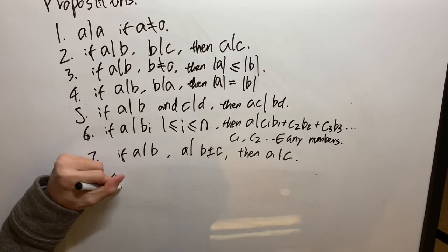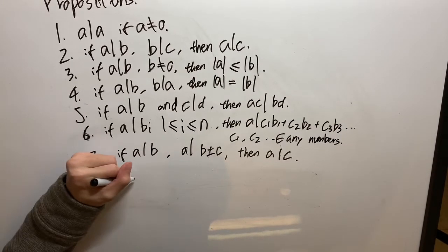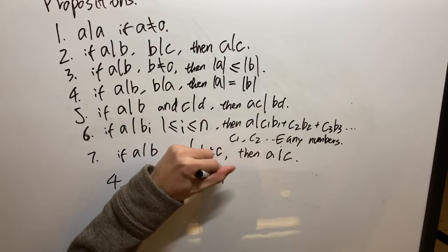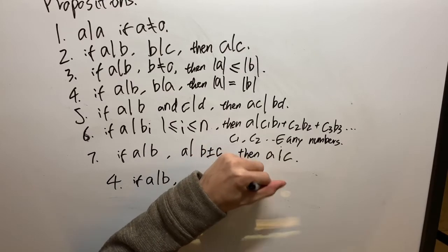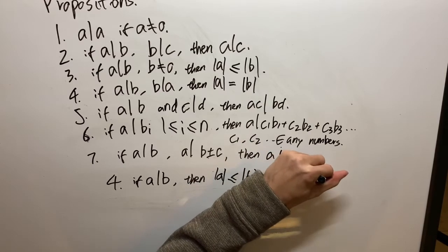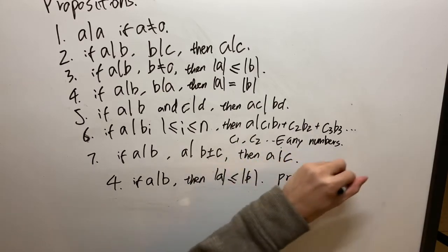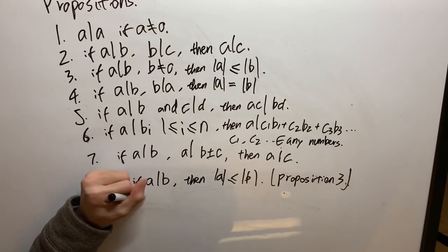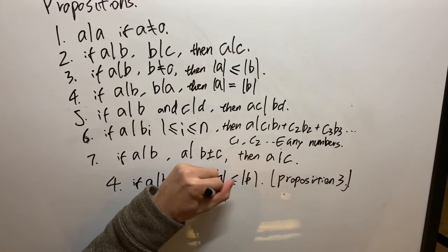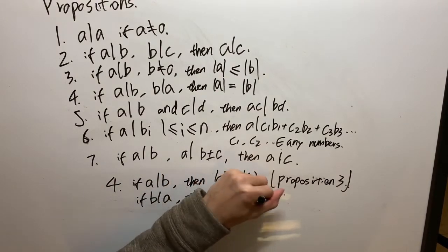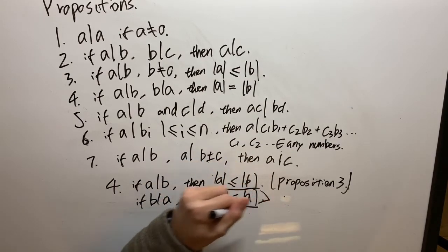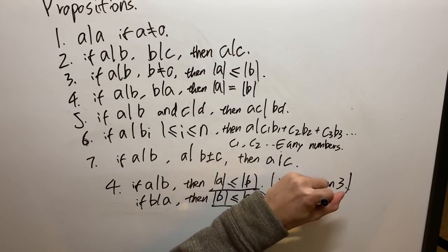For the fourth one, if a divides b, then the absolute value of a is less than or equal to the absolute value of b, as we learned in proposition 3. But if b divides a, then the absolute value of b is less than or equal to the absolute value of a. So as this is all possible, that means the absolute value of a equals the absolute value of b.